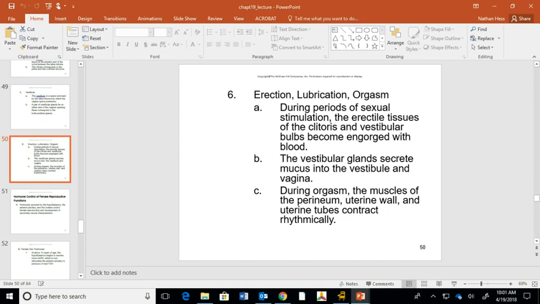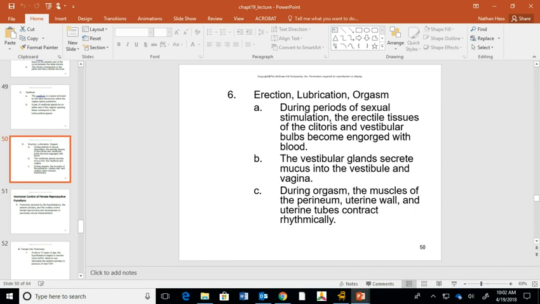They actually become erect, filled with blood, just like the penis does. You get these secretions, and it says mucus, but this would be lubricating fluid, produced by the vagina to allow the penis to come in and there to be friction without actually hurting.